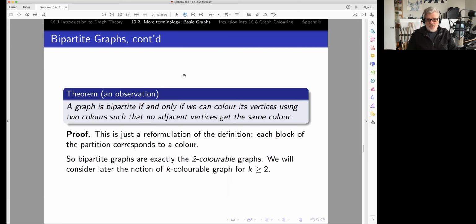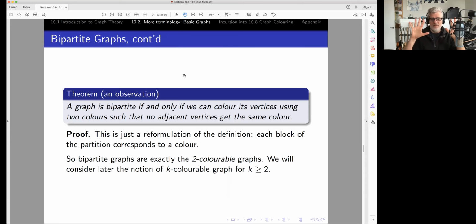Here's a little observation. It's just a rephrasing of the definition. A graph is bipartite precisely if I can color the vertices using two colors, such that if you have an edge, the two vertices incident to that edge get different colors. This is just a reformulation of the definition.